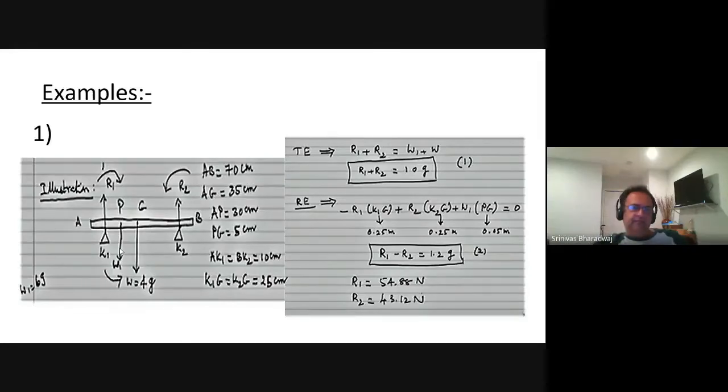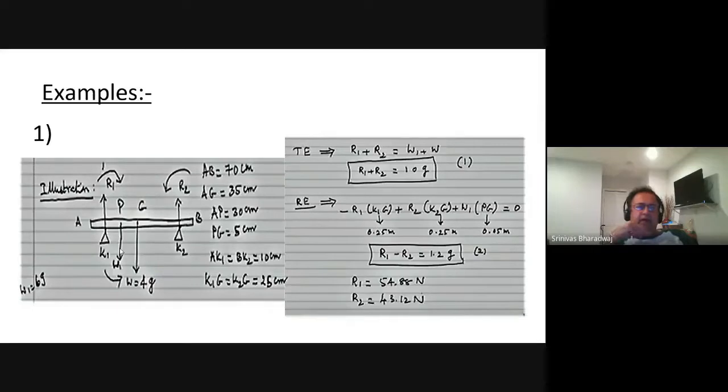W1 times PG will be R cross F towards me. For R2, it is again towards me. But for the other one, K1G, it is like this, and like this, it is into the paper.